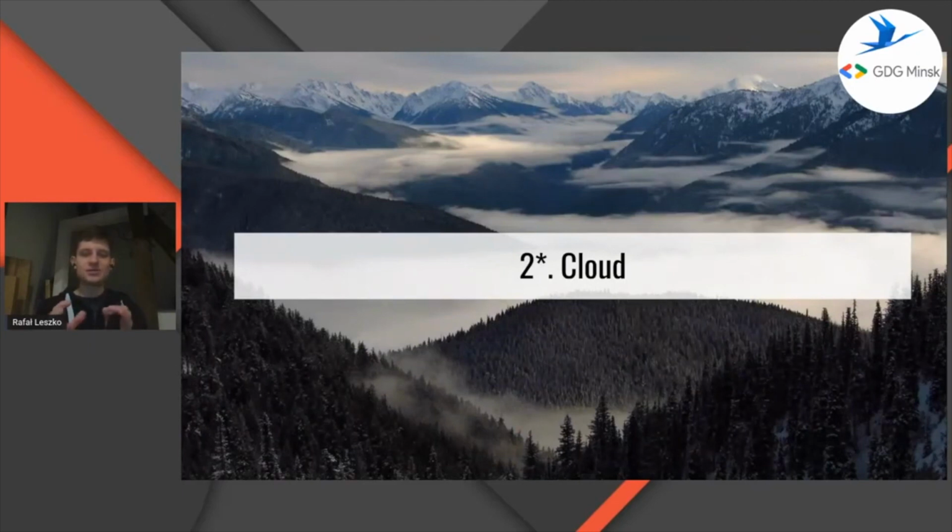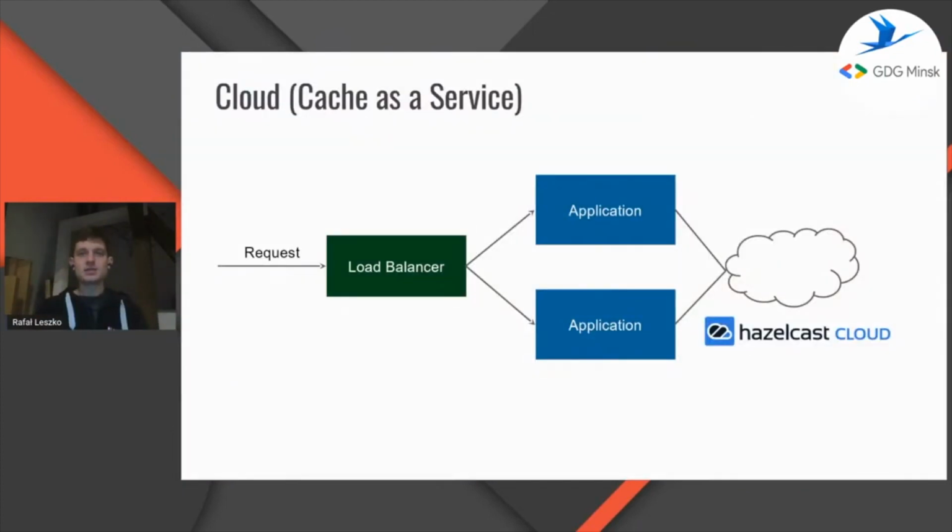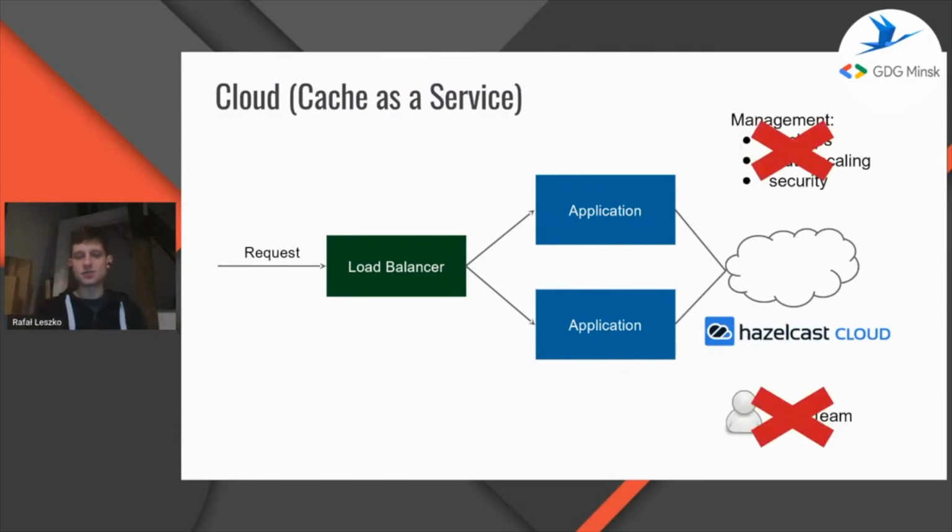In terms of architecture, the cloud is not so much different from client server, but it's a specific thing because the server part is not managed inside your organization. So it's again database style. The application uses some client, but this time you don't need to do all this management stuff. You don't need an ops team. Instead, you pay the cloud provider.